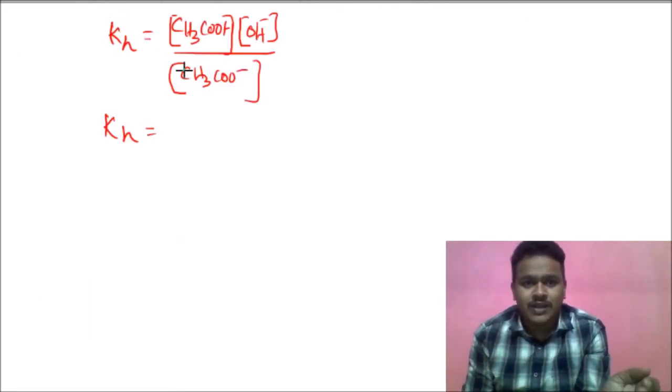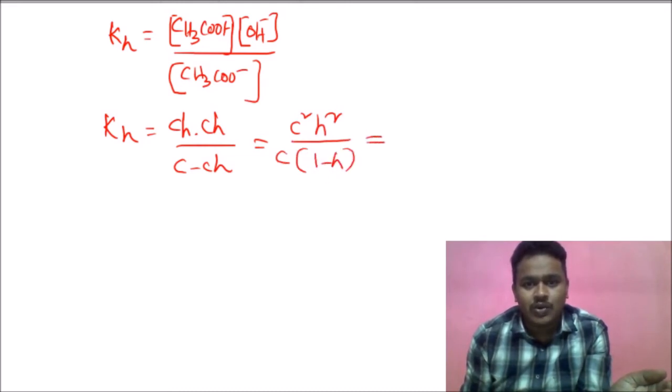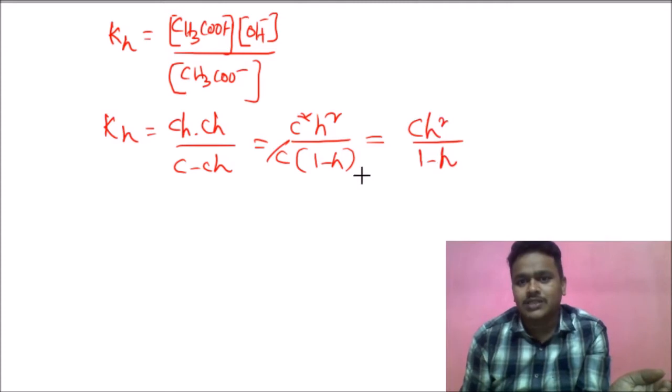Kh expression, what is that? This is a Ch value, this is also a Ch value, by C minus Ch. What can you write? Here C square h square by C into 1 minus h. C and C cancel. What can you write? Ch square by 1 minus h.